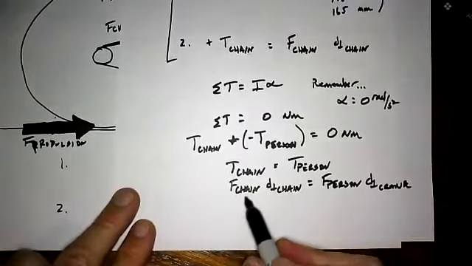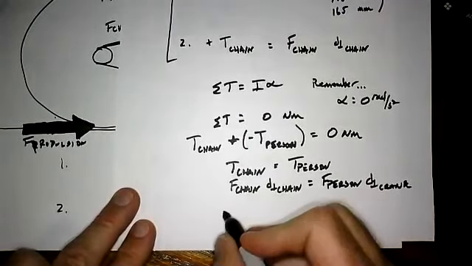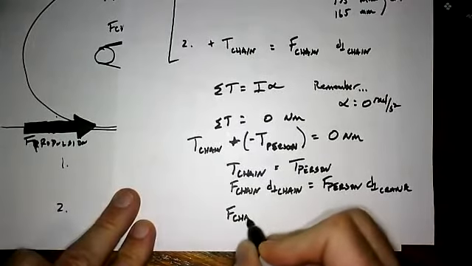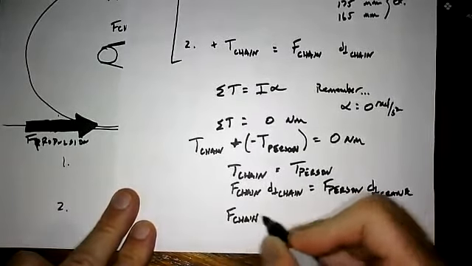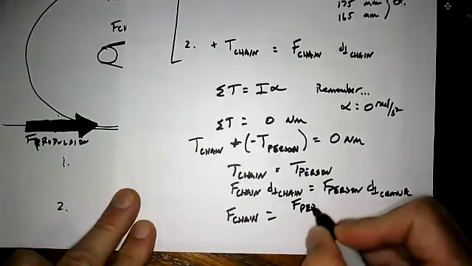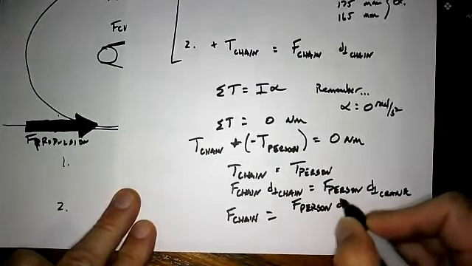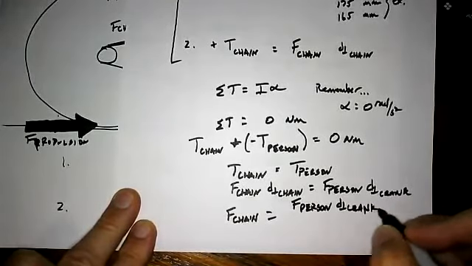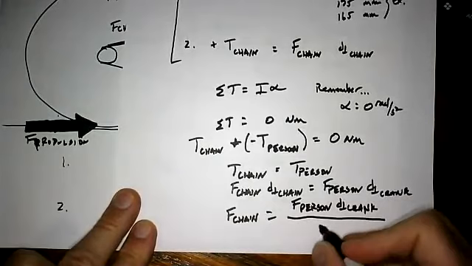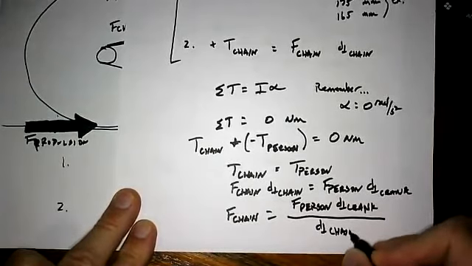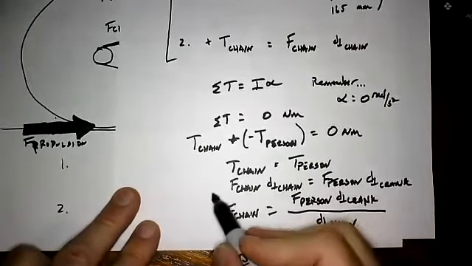And now I'm going to rewrite this so that F chain is all by itself, which is exactly what we wanted to solve for in part 1. F chain equals F person times the crank length divided by d perpendicular chain. This is what we want.